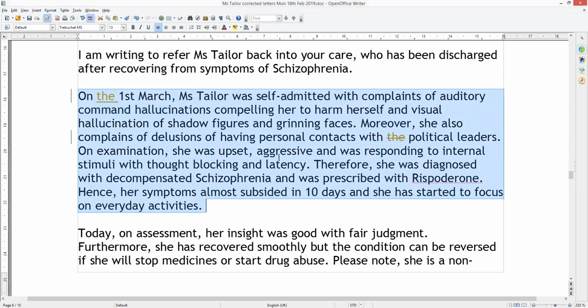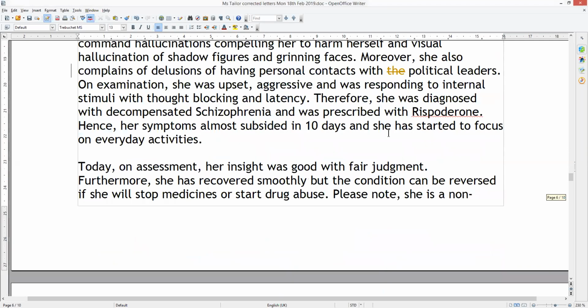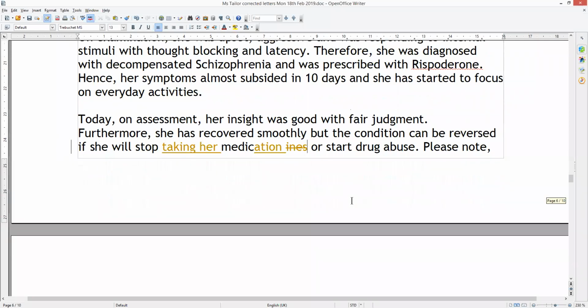Nothing about Coke here. No. Nothing about alcohol or Coke. Okay. Today's assessment. This was good for this. Stop medicine. Stop her medication, or stop taking her medicines or medication. Or if she will stop the medication or starts drug abuse.